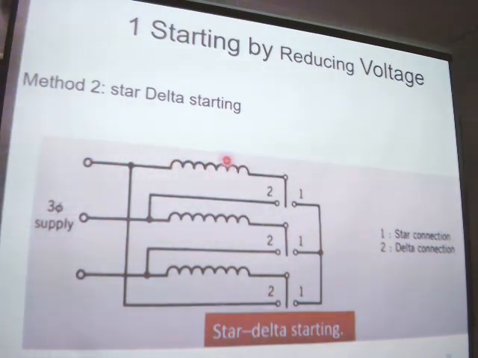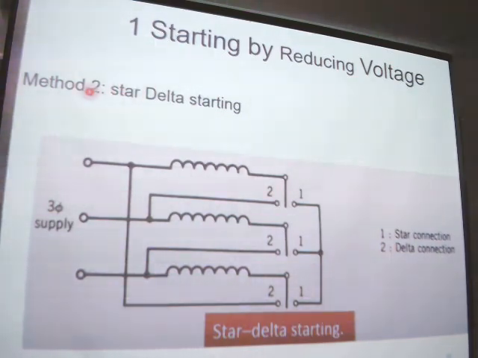The rotor winding is not in this graph. Generally it's a squirrel cage motor. We can't access the rotor circuit.